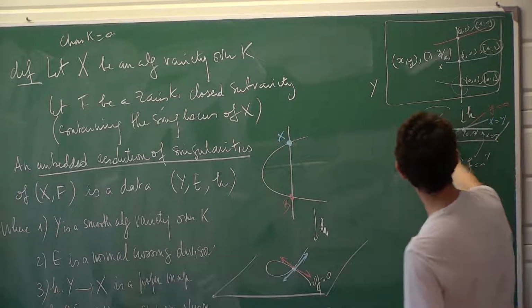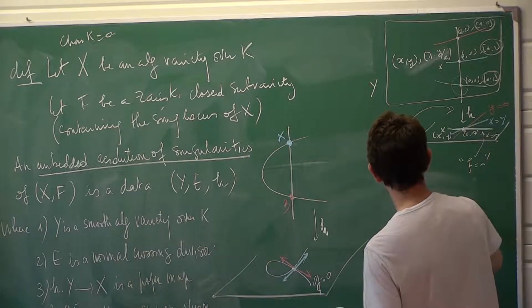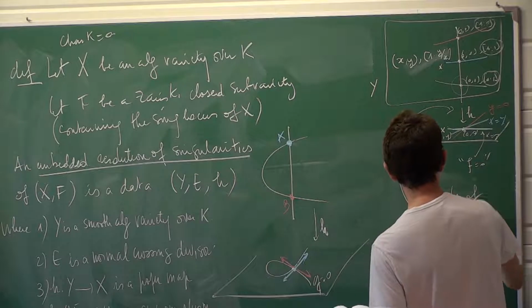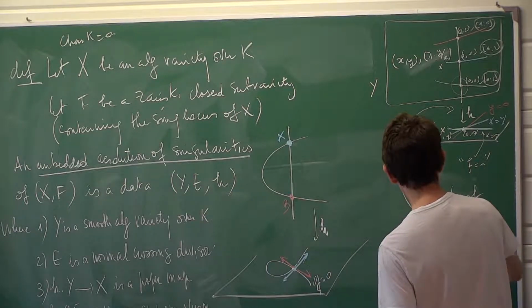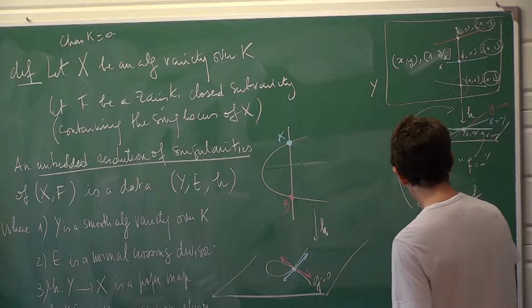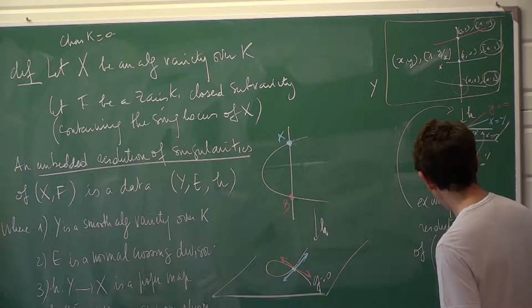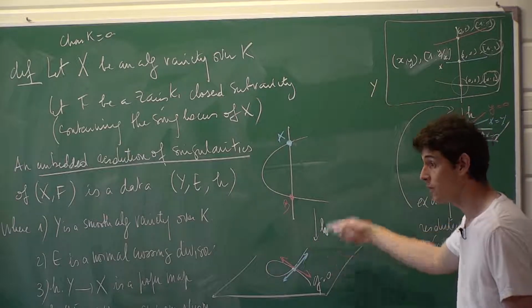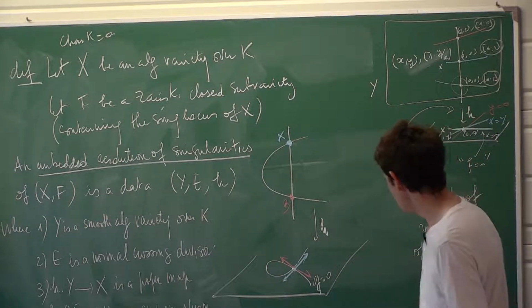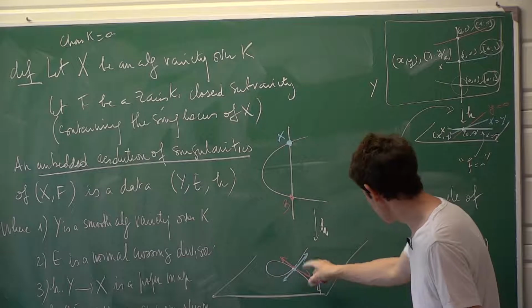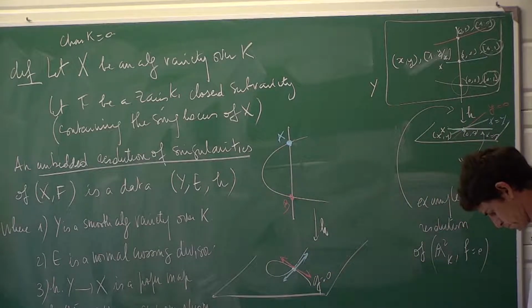So here is an example: a resolution of the plane and the subset F equals 0. Here this is the same. This is an example of embedded resolution of the plane with the curve G equals 0.